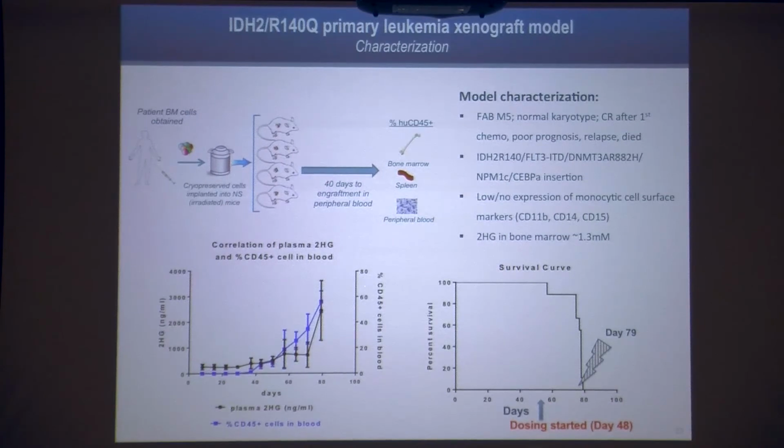And when we see the tumor engraft in these mice, the 2-HG in their peripheral blood also increases. So this is a nice model system. And eventually, these mice will all succumb to leukemia at around day 80 because they now just have such a leukemic burden. So we can use this, treat with our compound, and see, can we affect their ability of survival, and can we reduce the 2-HG?